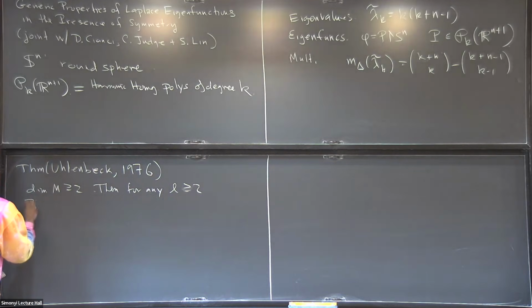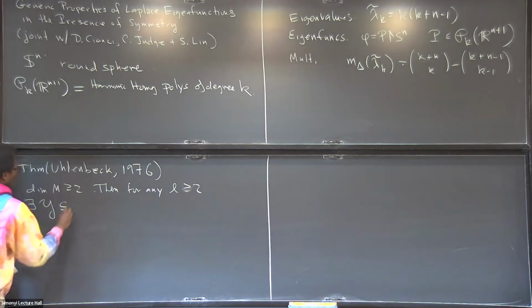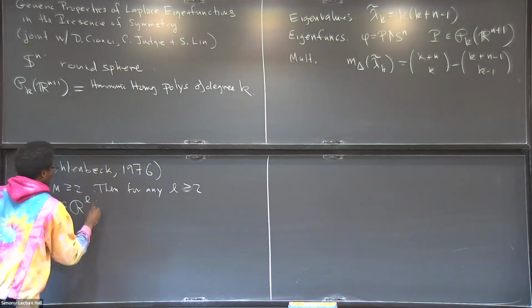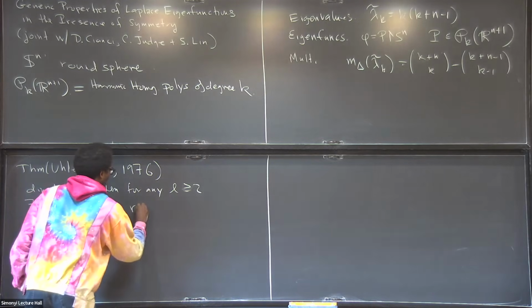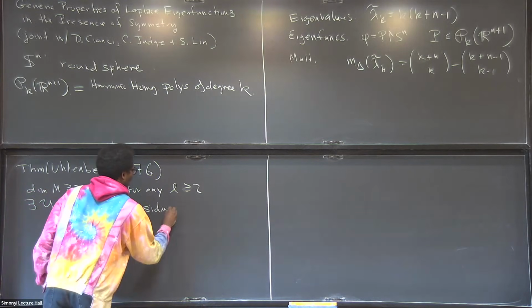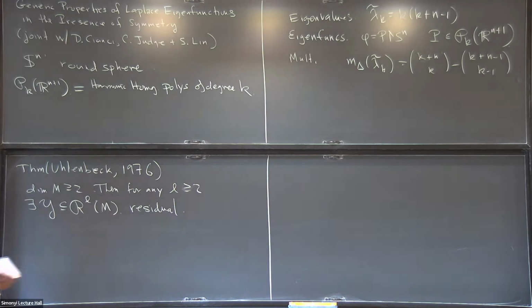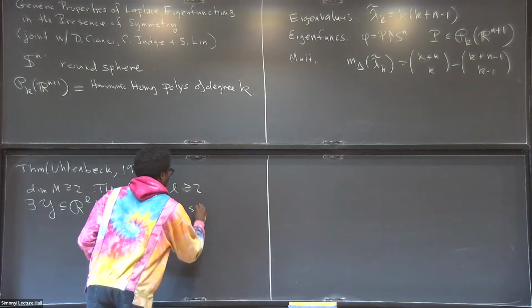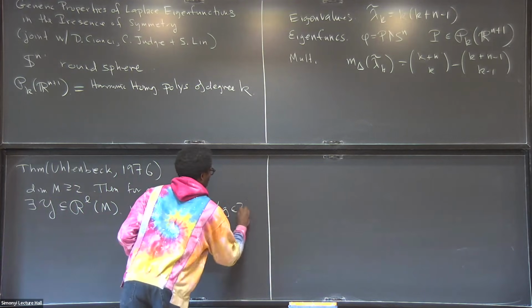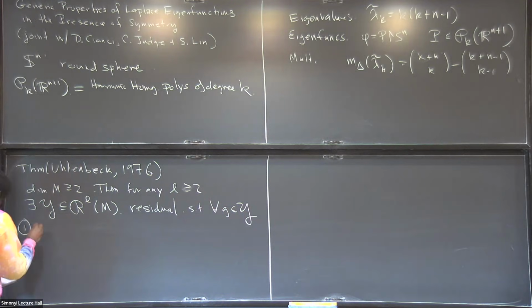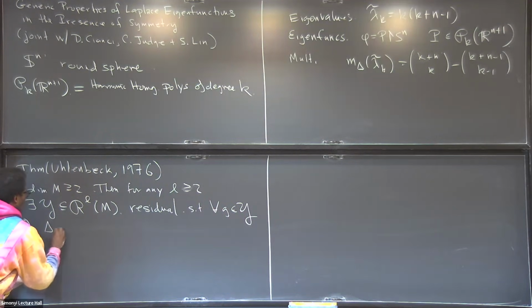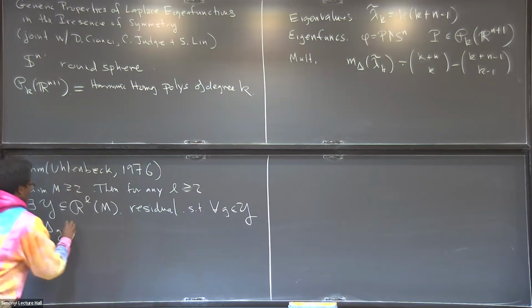We can find a set Y inside the space of C^l metrics which is residual, meaning a countable intersection of open dense sets, such that for any metric in here, we have the following. One, the Laplace operator has simple spectrum.